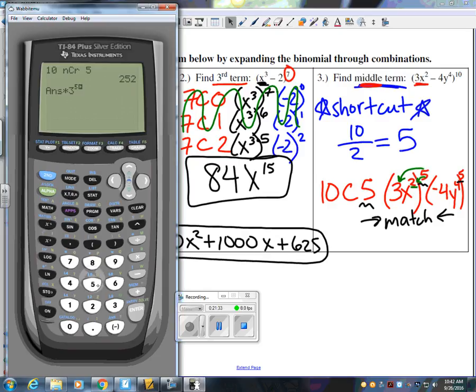So 3 to the 5th, and then times, what goes with the negative 4? The 5. Does the 4 go with it? No, the 4 doesn't go in your calculator. The 4 is with the letter Y. If it's a letter, it doesn't go in the calculator. So negative 4 to the 5th. Should be a really big number. Oh, shoot, I messed it up. There you go.